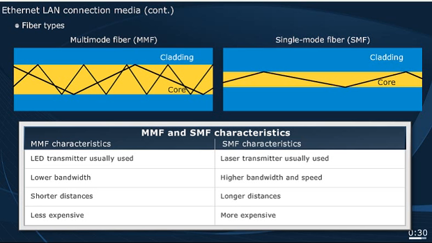And supporting multiple modes, which is different wavelengths, is detrimental to the integrity of our signal the longer we go. So when we squeeze the core smaller, and we negate the possibility of other lambdas, as single-mode fiber does, we can naturally go further. So it's a little counterintuitive if we think, I want more. But in this case, we want less. We want a single mode being transmitted on our fiber optic media.